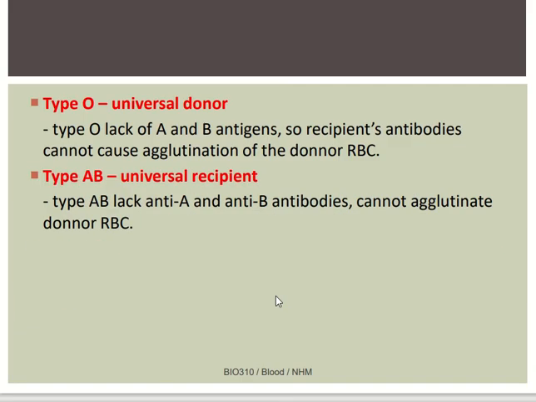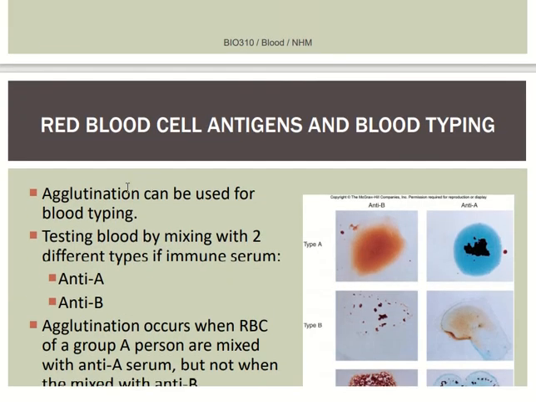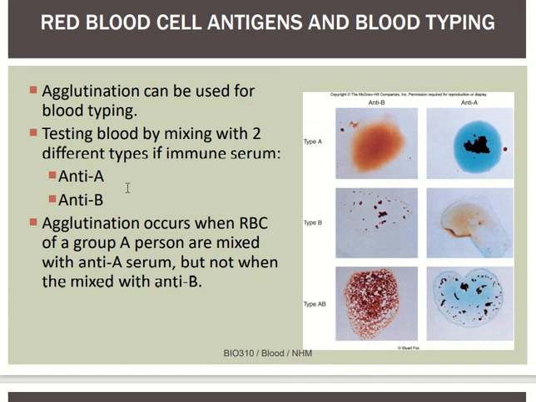As I mentioned earlier, type O blood is the universal donor because they can donate their blood to any recipient. Meanwhile, blood type AB is the universal recipient because they can accept any blood type in humans.